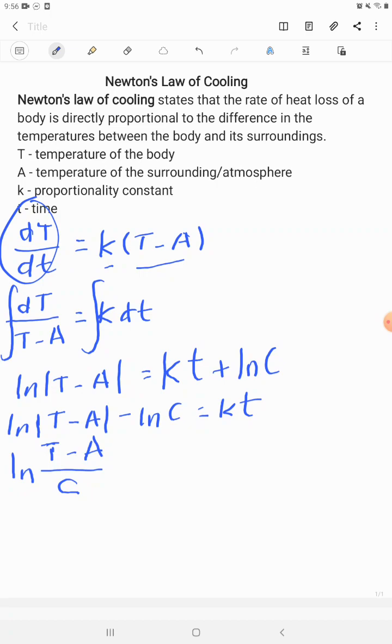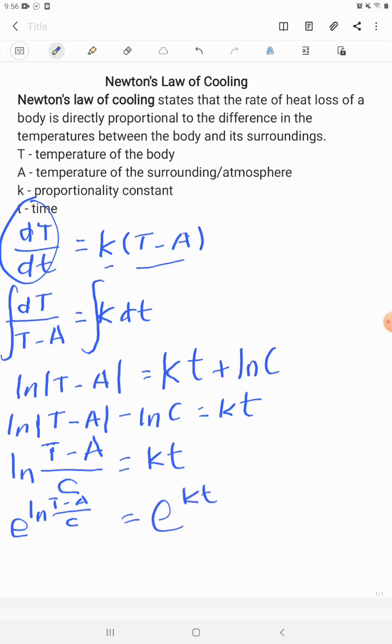So we can place them in terms of one ln: ln of T minus A over c equals kt. In order to remove the natural logarithm, we raise both sides to e. So e raised to the power of ln of T minus A over c equals e to the power of kt.